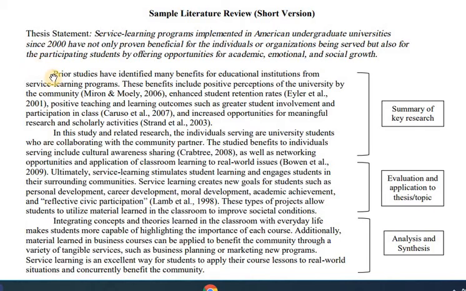Now we will begin the body of the literature review, and you should start with the topic sentence. You see, this author started with: prior studies have identified many benefits for education institution. Okay, so this is the topic sentence. We begin the literature review body with a topic sentence.